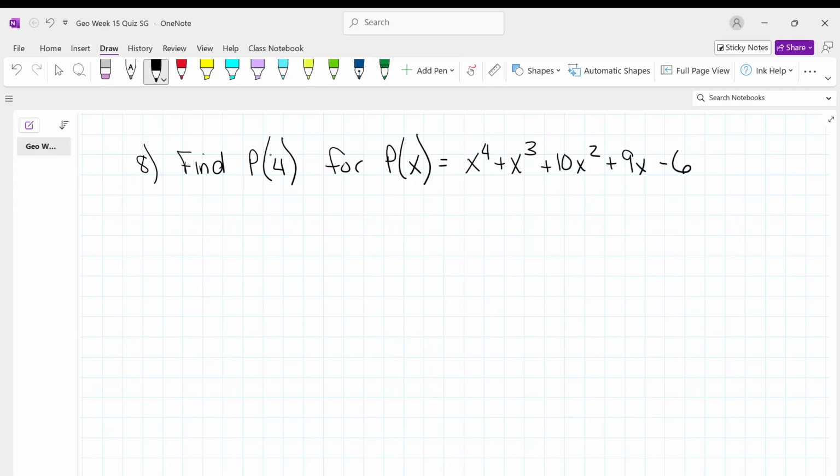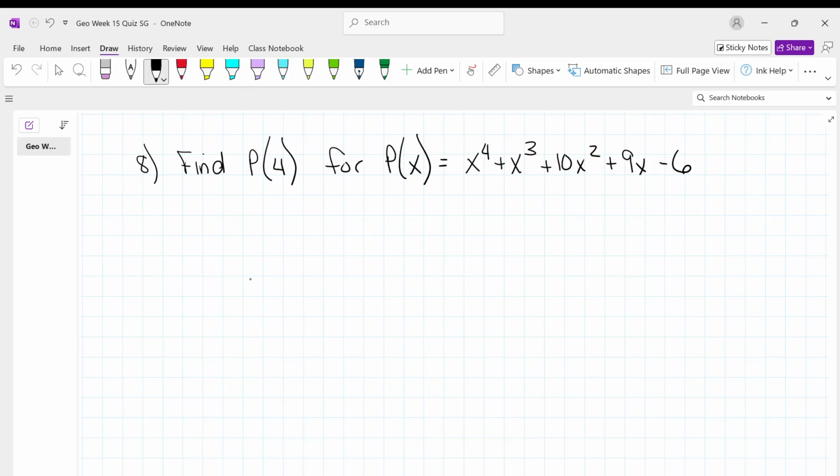Now, you can evaluate this P sub 4, or P of 4, two ways. You can substitute it into this equation, all right? Or you can use synthetic division, and whatever the remainder is will be the answer to this problem.